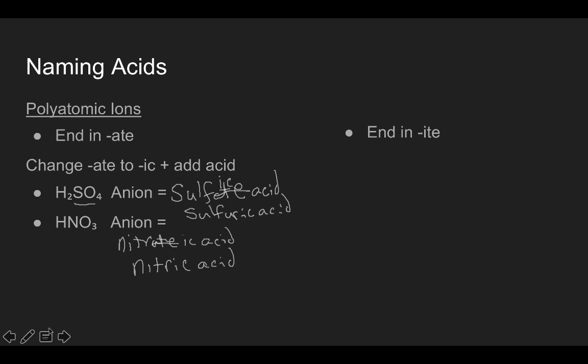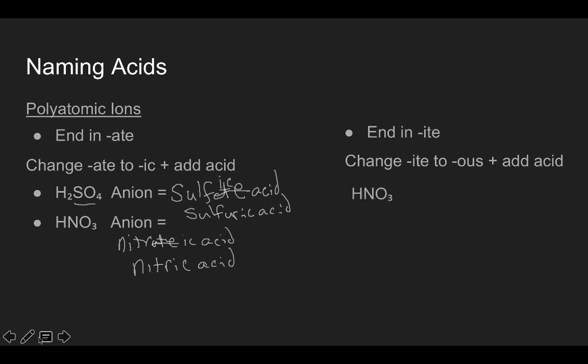The next type of anion is one that ends in ite. When you have an anion that ends in ite, you change the ite to ous, and again we add the word acid.